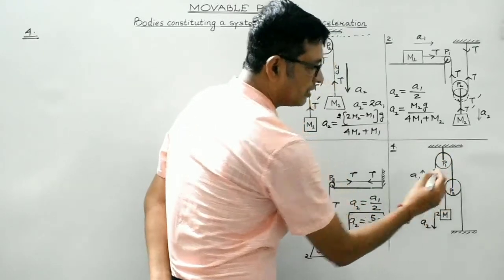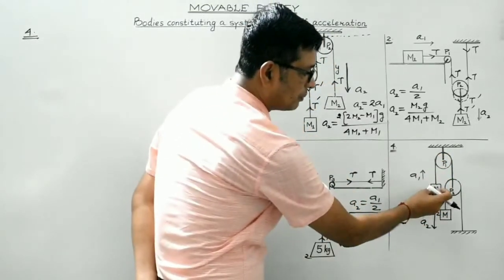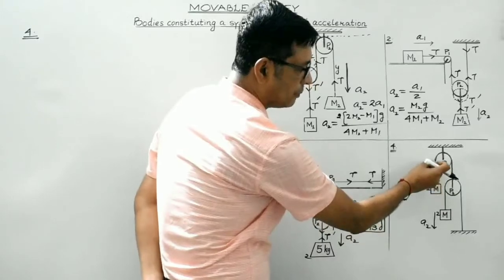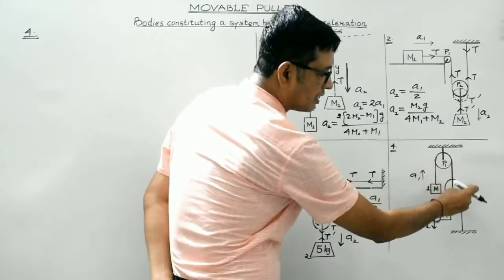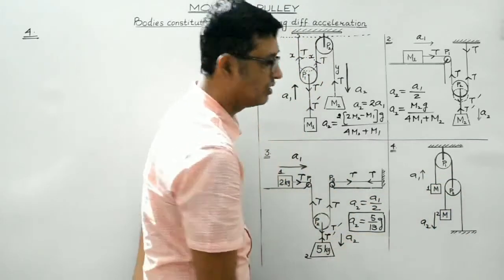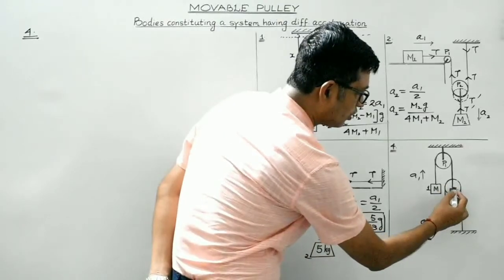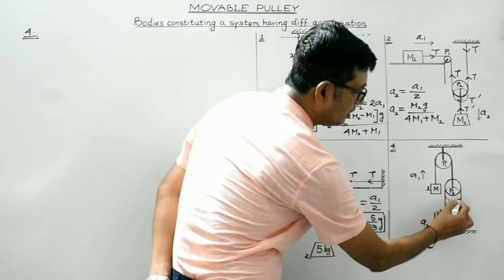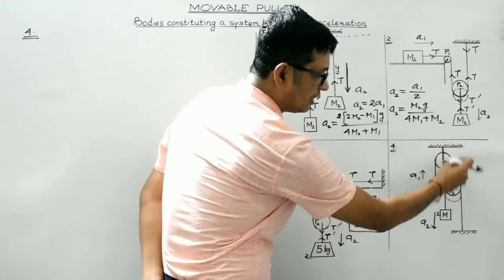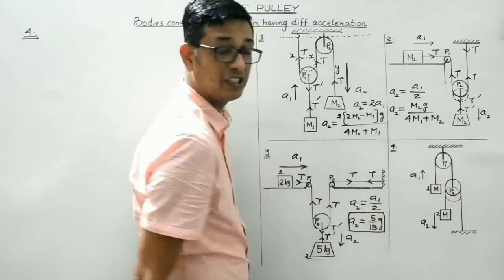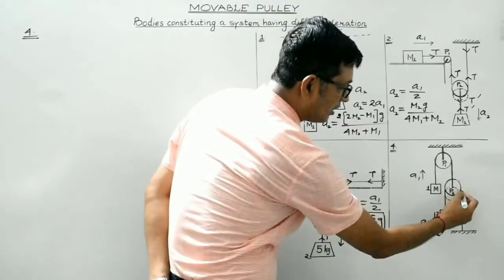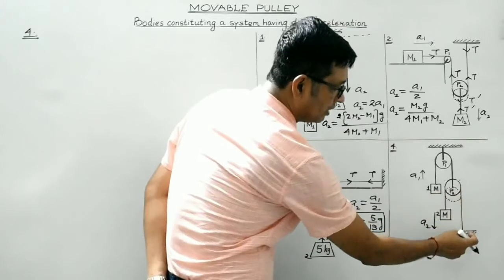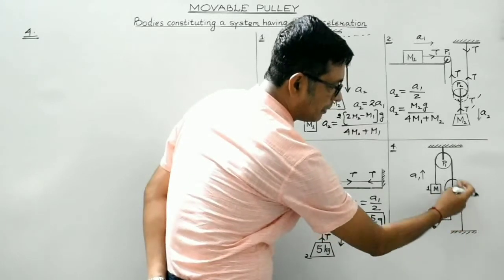So, it is but obvious that if this mass moves by a distance of 1 meter upward, this pulley will come down by a distance of 1 meter, like this. Now here 1 meter and here 1 meter. So this length of the string again will remain constant.